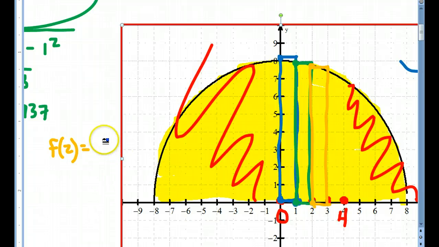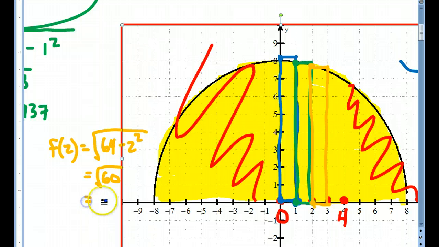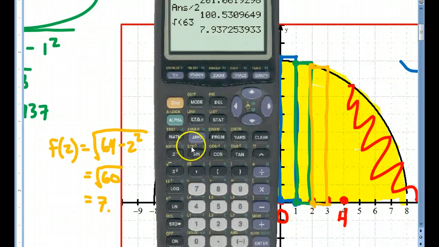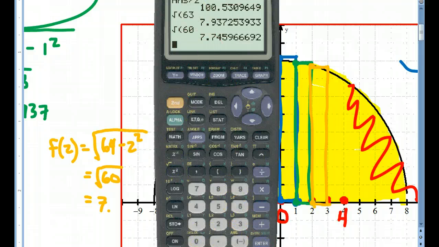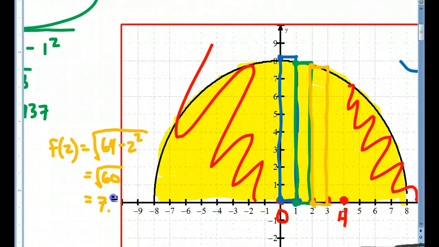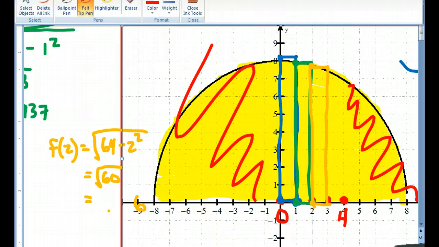That would be the square root of 64 minus 2 squared, the square root of 60. That's 7.746. And then what would the last one be?